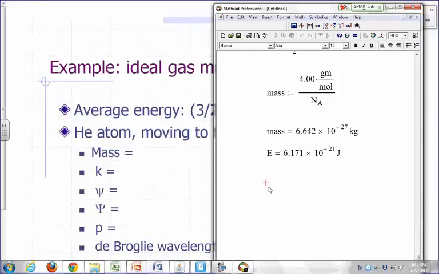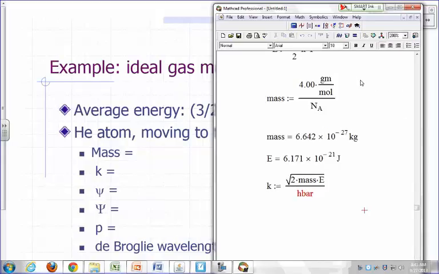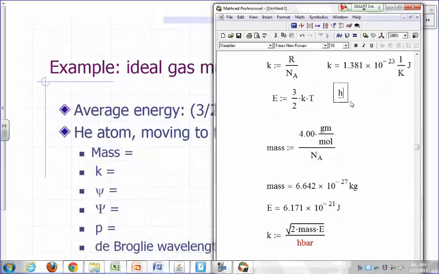So what is our k? k equals the square root of 2 times the mass times the energy divided by h bar. I need to define what h bar is. So h is 6.626 times 10 to the negative 34 joule seconds, and h bar is h over 2 pi, right?